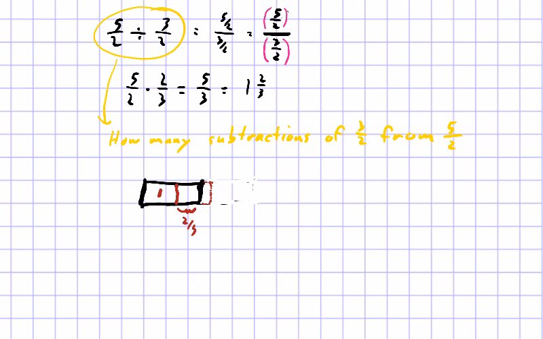So 3/2 could be subtracted completely once, but only 2/3 of a second time. So our answer of 1 2/3 makes perfect sense. So multiplying, we can see right here, instead of dividing by 3/2, multiplying by the reciprocal of 3/2, which is 2/3, gives us exactly the right answer.